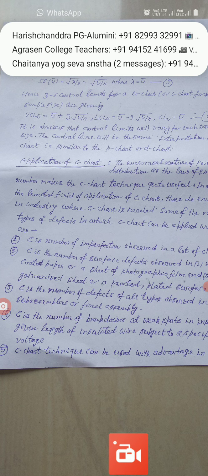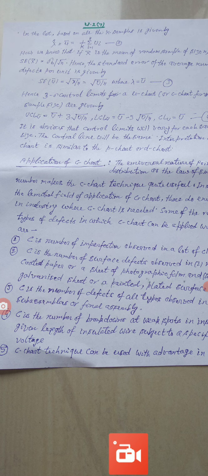Similarly, number 3, C is the number of defects of all types observed in the aircraft sub-assemblies or fixed assembly.